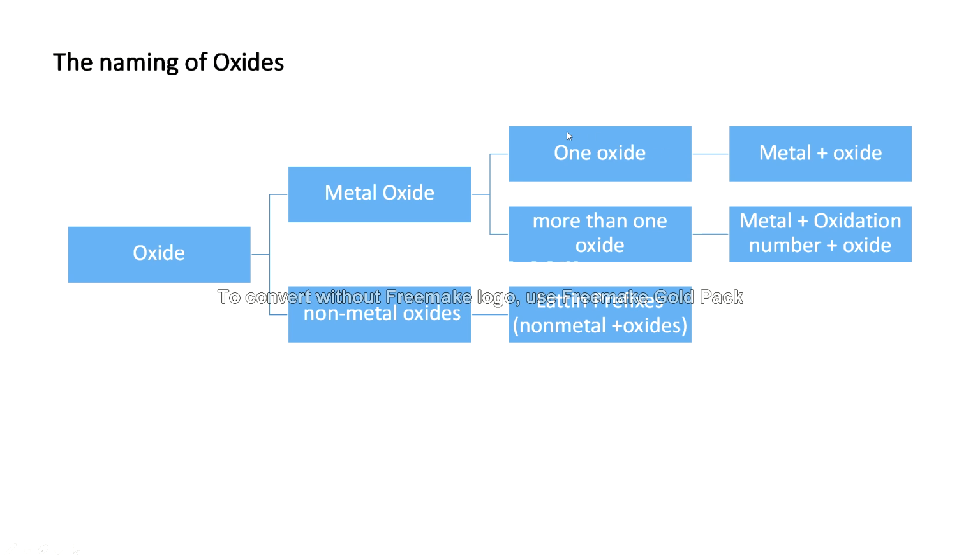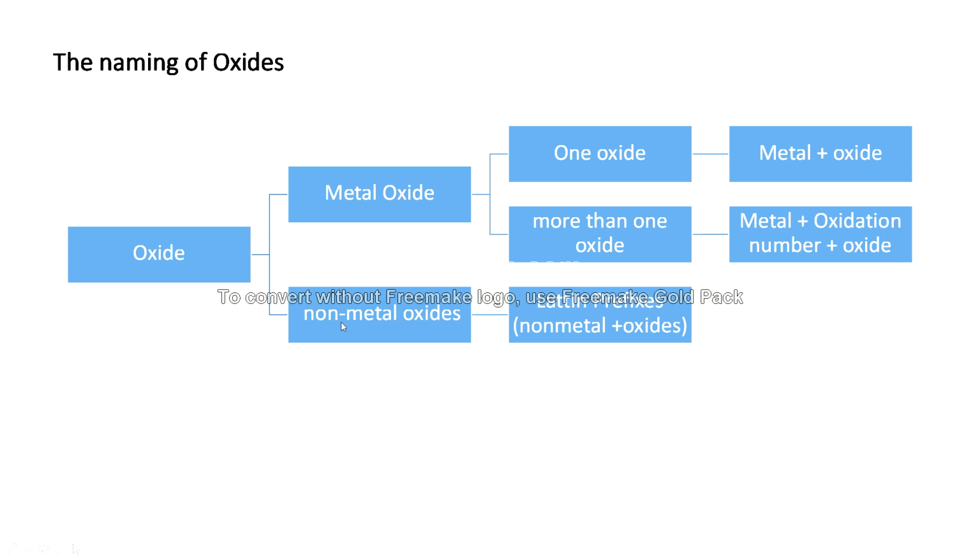That is the same idea. Where there is the possibility of only one oxide, we use the metal name and oxide. Those that can have more than one oxide, in most cases because of the oxidation number, we need to use the metal oxidation number and the oxide.